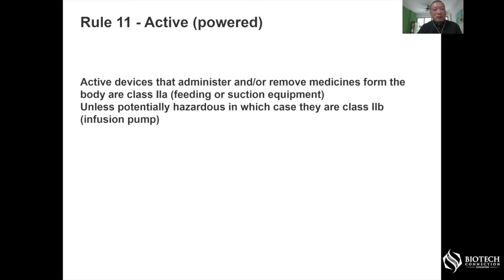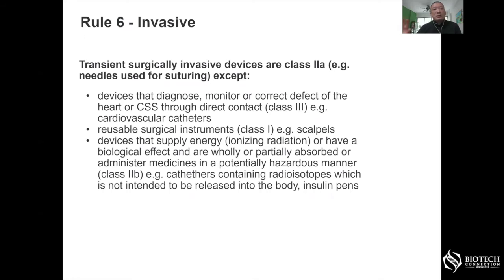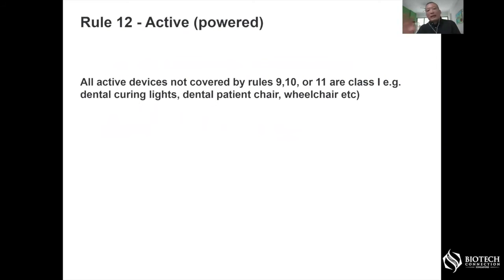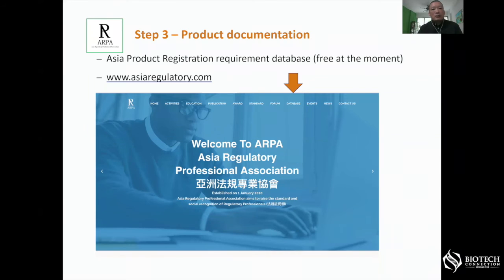If you say my product is invasive, then I won't say it's longer than 60 minutes. I say a shorter time. Then my classification will be different, right? So it's important to know the rules so that you can jump around the classification as well. Okay, so that's step 2 about classification.